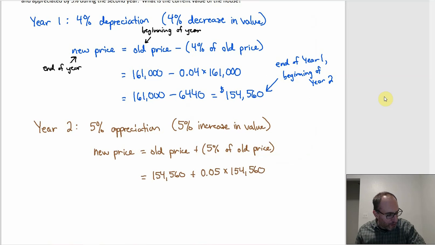And 0.05 times 154,560 is 7728. So you have 154,560 plus 7728. And what that ends up being is, I've got enough space to write it underneath, 162,288.